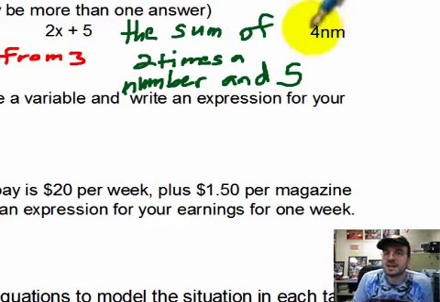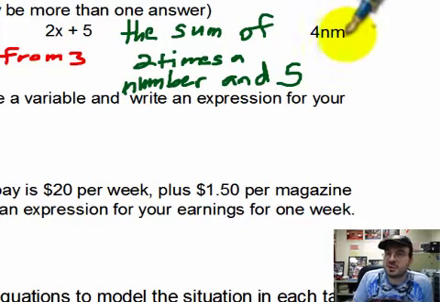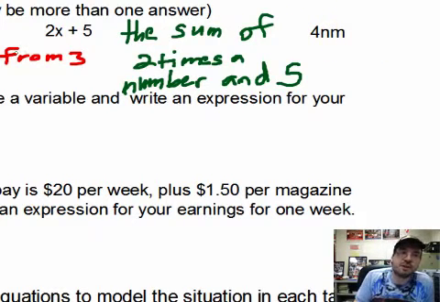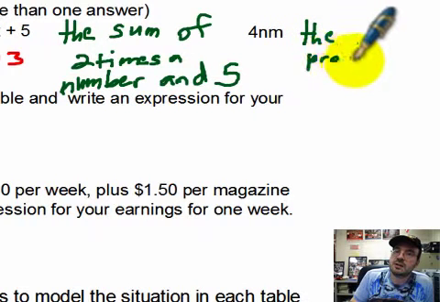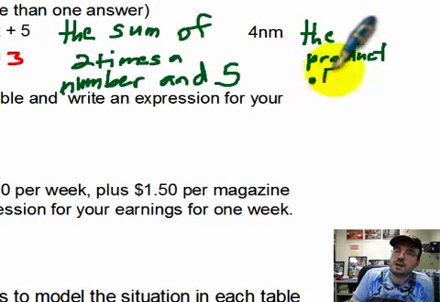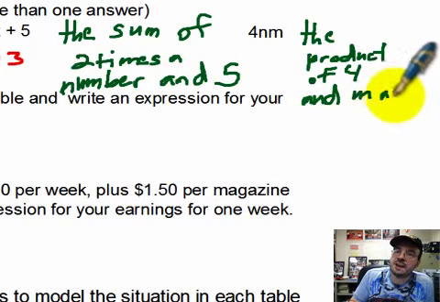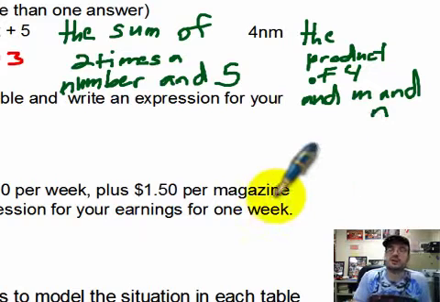Okay, and then here, this is a product. It's multiplication. You could say 4 multiplied by n multiplied by m. I think I'm going to write this as the product of 4 and m and n. And there are other ways you could do that also. Okay, so that's kind of get you started there. Variables and expressions. We'll do a little bit more in just a second.